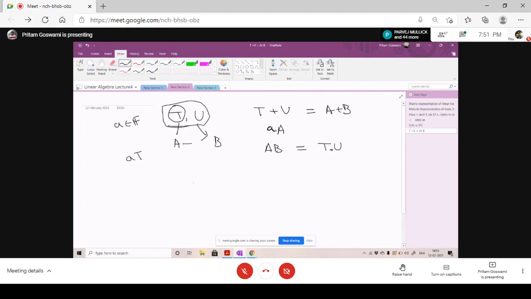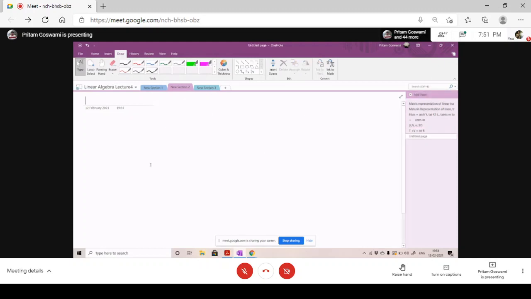Basically, another thing is, if you consider the set of all linear transformations T from a vector space V to W, say the dimension of V is n and the dimension of W is m, then this set is also a vector space. You can prove that.